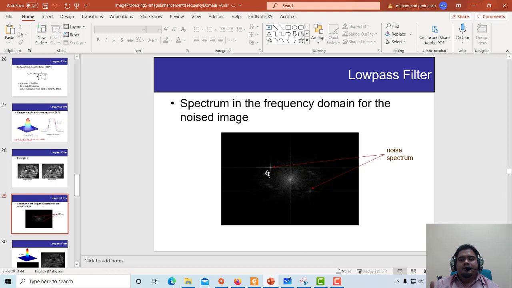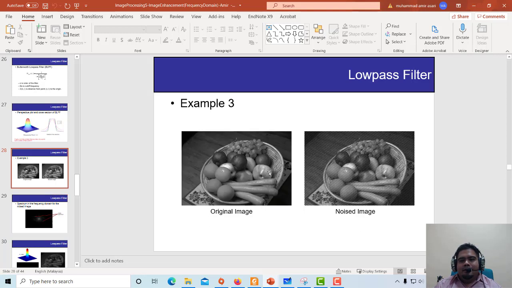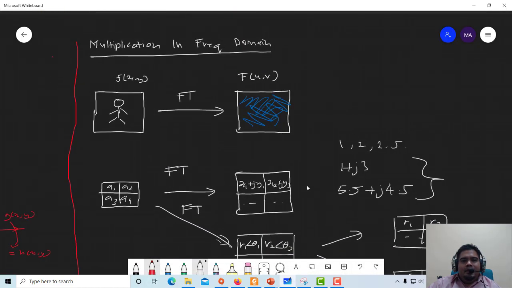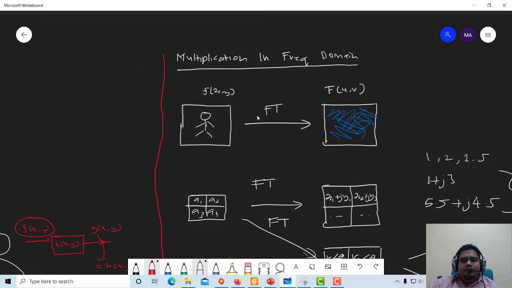It's a very meaningless image. You don't know what image this is, unless you inverse it back to the spatial domain, and then you know it's actually an image of fruit. That is what happens when you apply the Fourier transform to an image in the spatial domain: you see something meaningless.